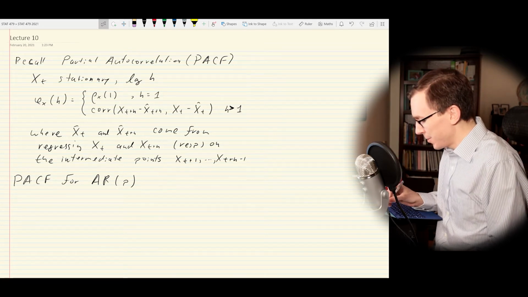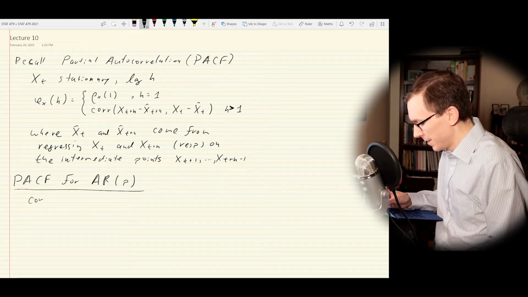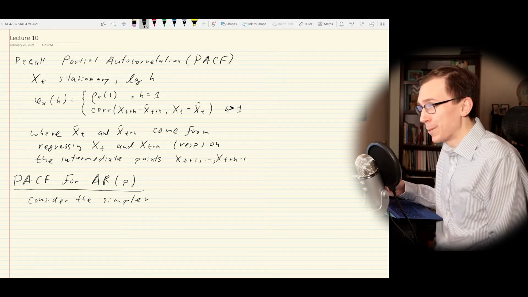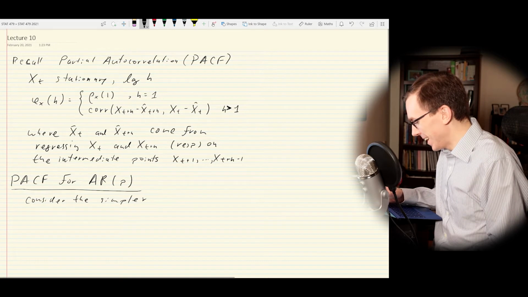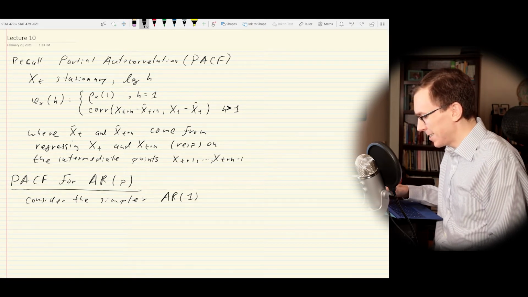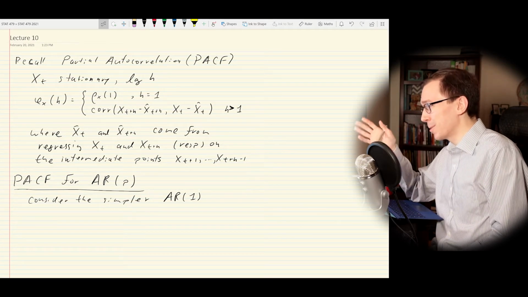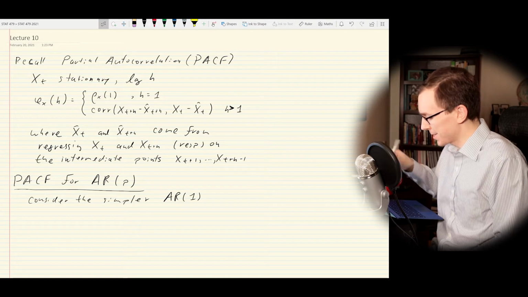The first thing we're going to do, much like last time, is consider the simpler, I'll say, it's not simple, but it's easier than anything else, the AR(1) process. Let's start with a single autoregressive term rather than having two or more. It's just going to make things worse.